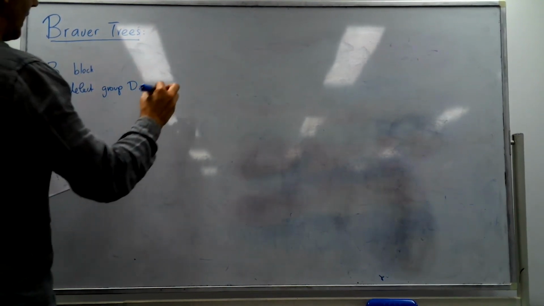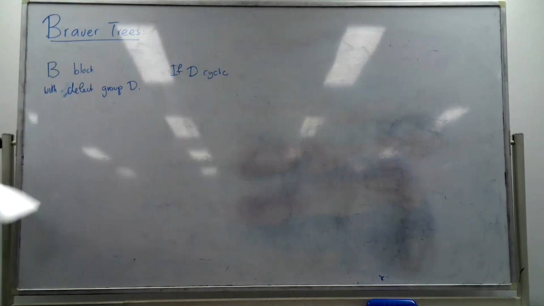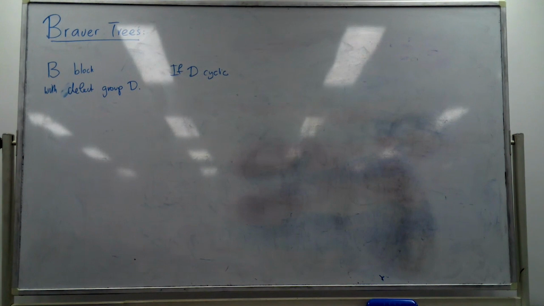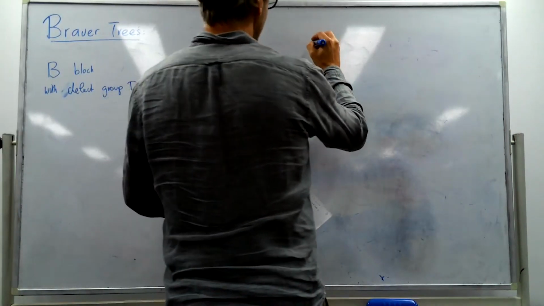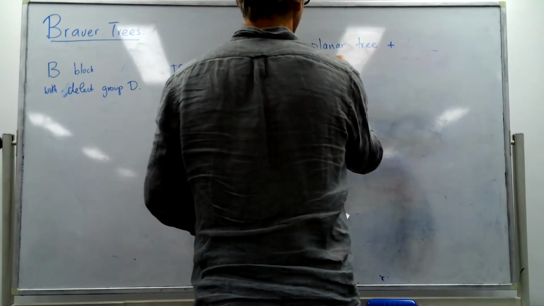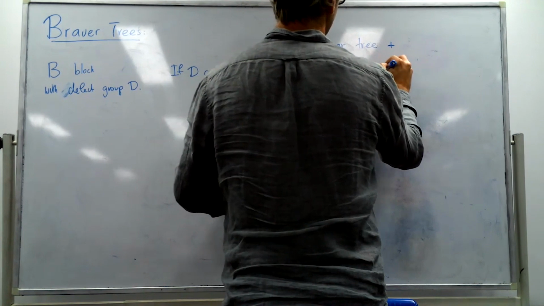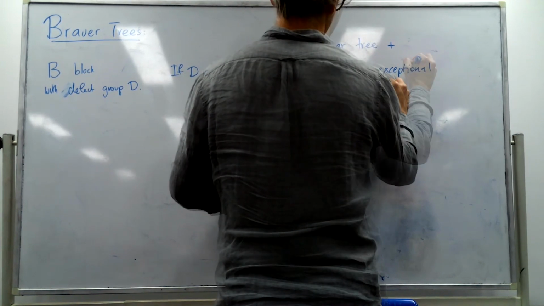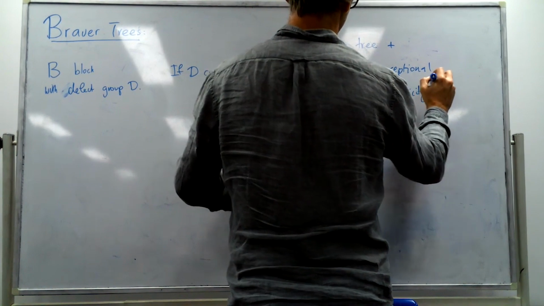Now, if D is cyclic, which is a pretty easy group, we can associate a planar tree plus an optional exceptional vertex. I didn't emphasize that last time. The exceptional vertex is not part of the data, it's deducible from the rest.